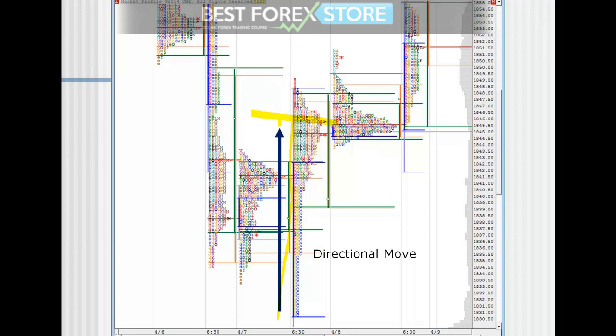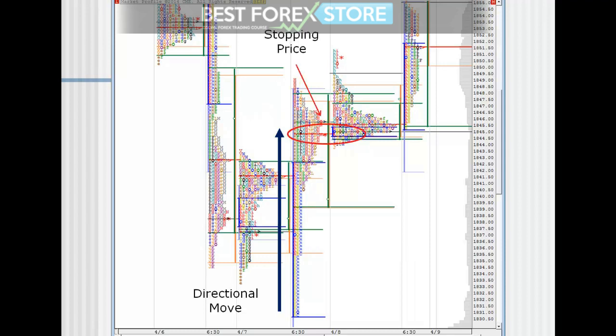No, we begin to rotate, extend the range a little bit higher, come back lower. This is when you begin to see a cluster form on a profile. That's actually the reason the cluster forms, because of the rotation around that stopping price, and that stopping price is typically your volume point of control.